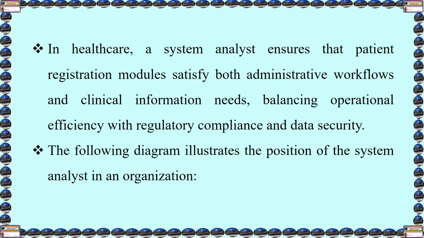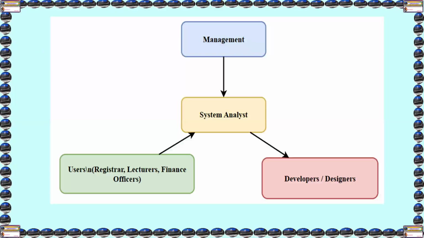So the following diagram illustrates the position of a systems analyst in an organization. So we have the management up there, and then you can see the system analyst is like a mediator or a connector or a link between all these management or managerial offices or people. We have the system analyst in there, interacting with the management, interacting with the users, interacting with the developers.